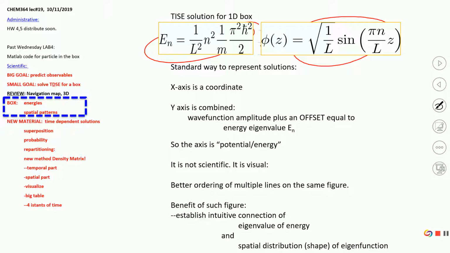It is an image that tries to mix apples and oranges in the following sense. One draws a potential surface, potential energy, and draws a probability distribution. So on the x-axis it is position, but on the y-axis it is ambiguous. On one hand it is energy, on the other hand it is probability. And one adds energy and probability, which is a little crazy. But it is very visual, so let's just quickly look at that.